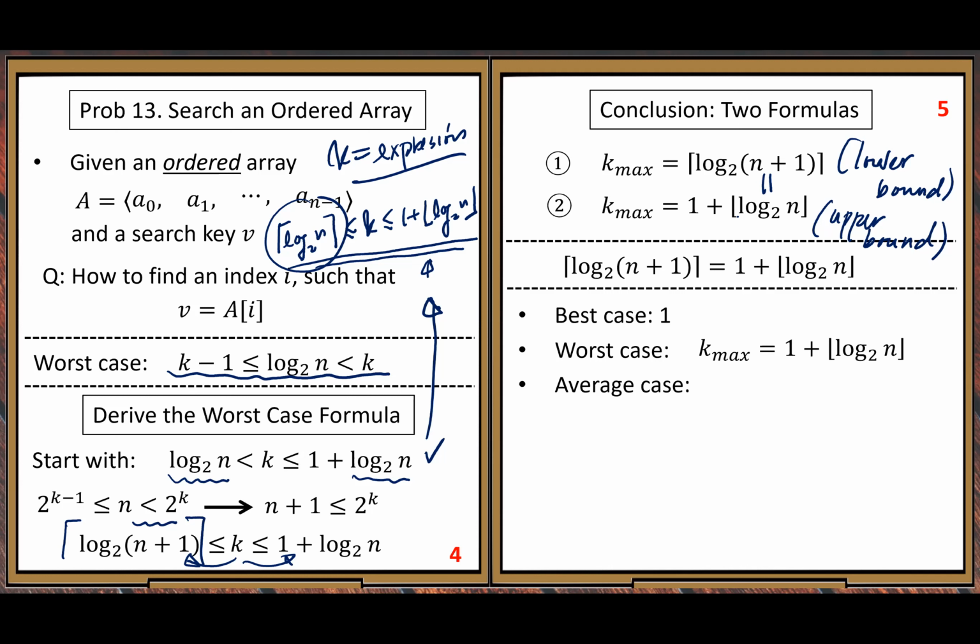How do we calculate the average case? Here it's a little harder, but interesting. Look at the binary search: binary search corresponds to a binary tree. In a binary tree, the data is not evenly distributed.